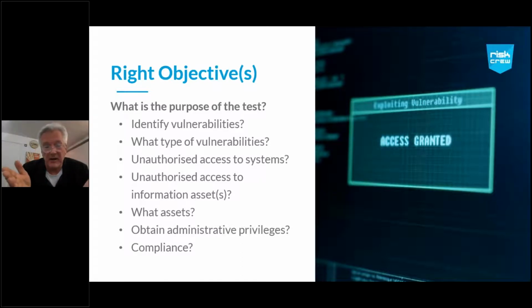Good example. I would sit down with a client and they want to test for PCI. And I would say, great, can I see your last test? Well, we haven't done one, but here's the last test we did. I hold up the test and I say, great, did they get unauthorized access to cardholder data? Doesn't say that. Well, I don't know. Well, and my response is, shouldn't that be the purpose of the whole test?